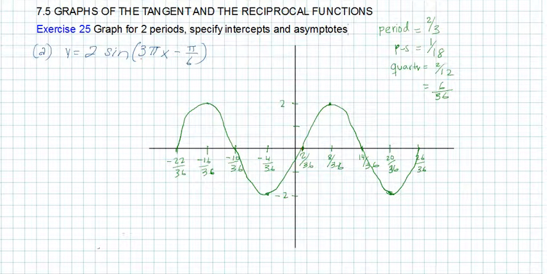Okay, so let's get the x-intercepts. So now I'm going to do some conversion so I give you the right fraction. So this one is an x-intercept, so that's minus 11/18. This one's another x-intercept, so I have minus 5/18.